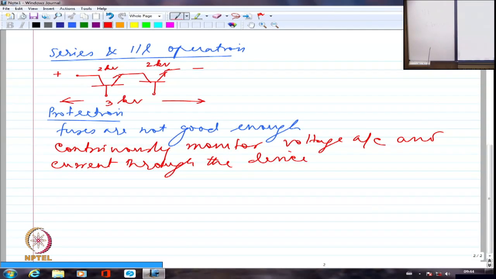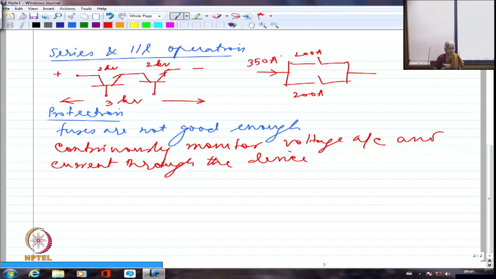Similarly, if I have two transistors in parallel, let us say this is one transistor, this is another transistor, both of them in parallel. I am just showing them as switches. Let us say each of them can withstand 200 amperes of current. What I am sending here is say 350 amperes. Maybe one of them is slightly different in terms of on-state resistance. During on-state also it will have a small resistance.